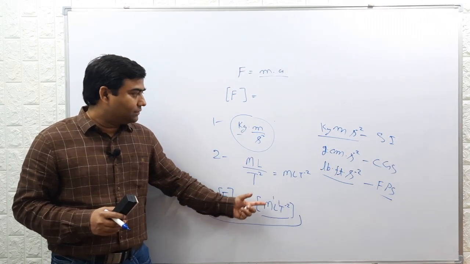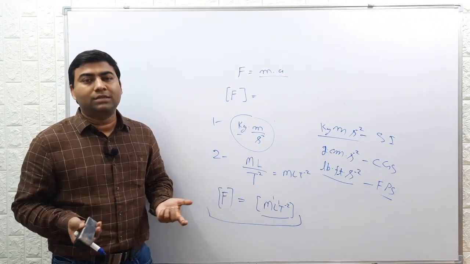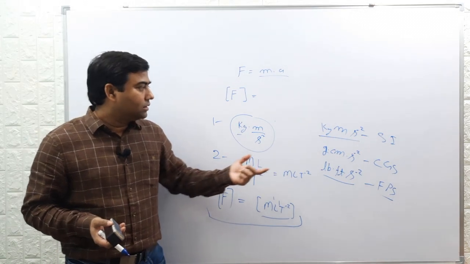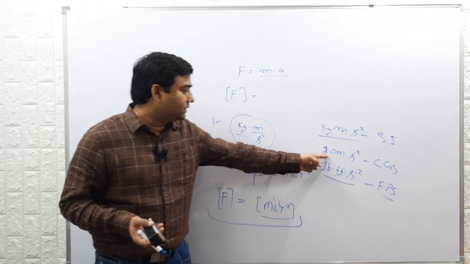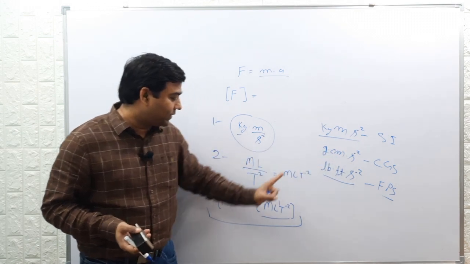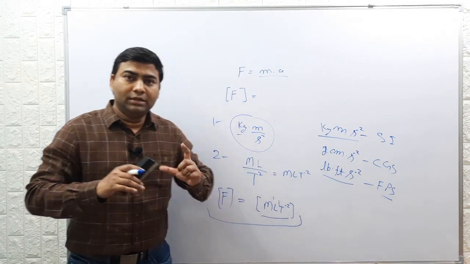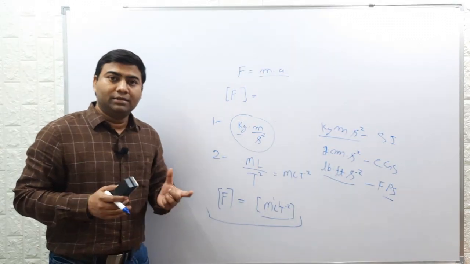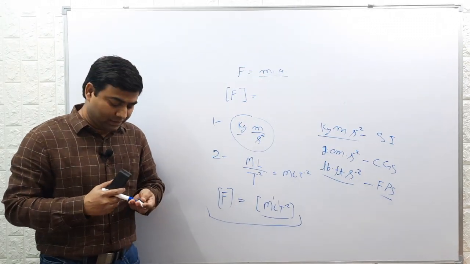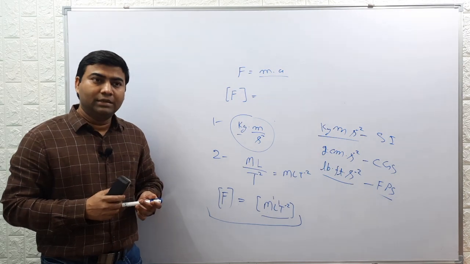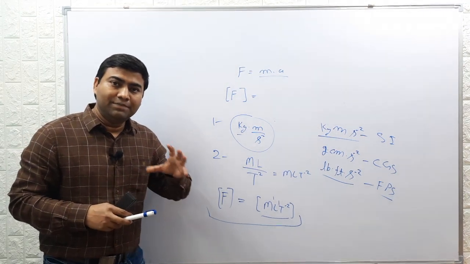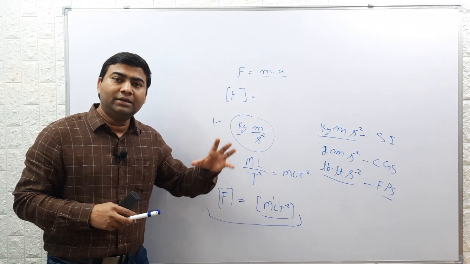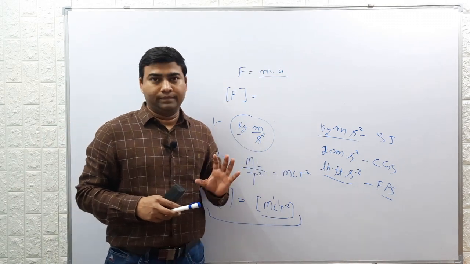And after finding the unit in any system, you can find the dimensional formula. With this much of discussion, you will easily conclude that the dimensional formula is nothing but a symbolic, independent representation of a unit.